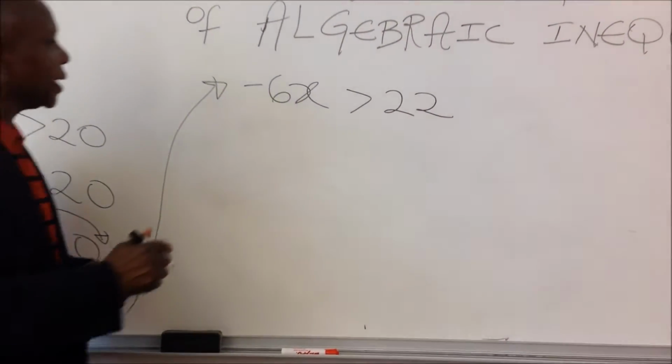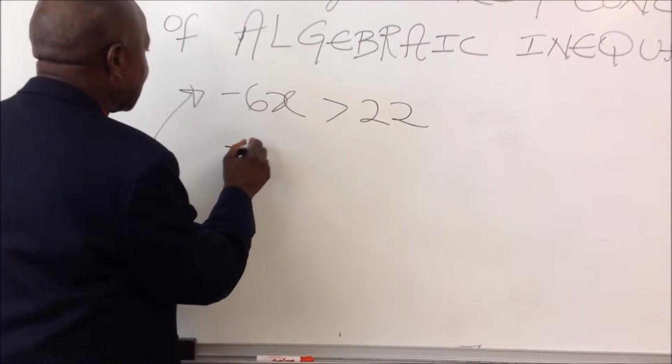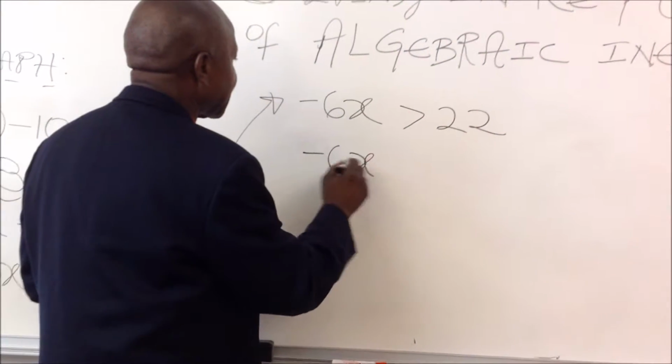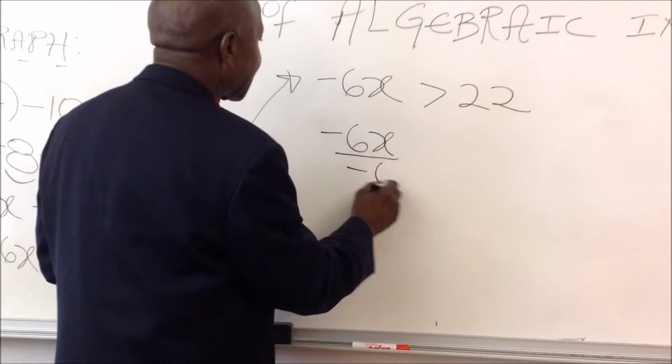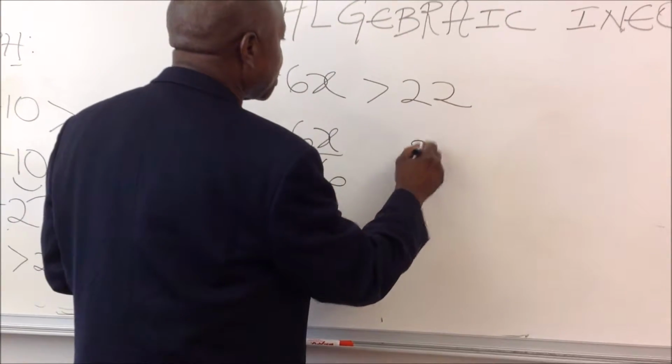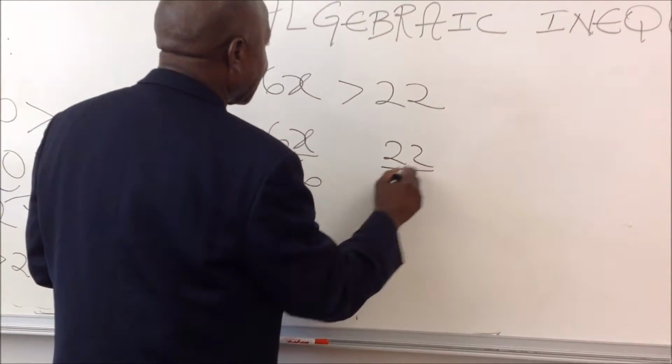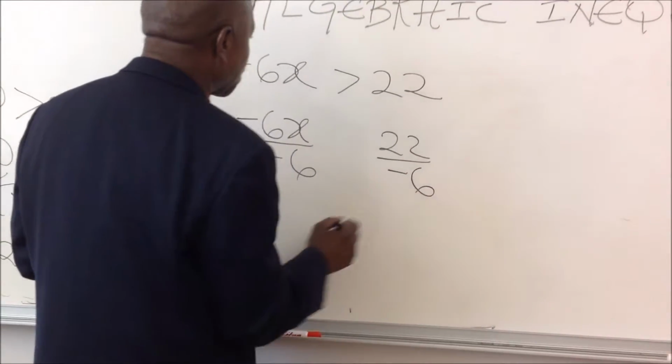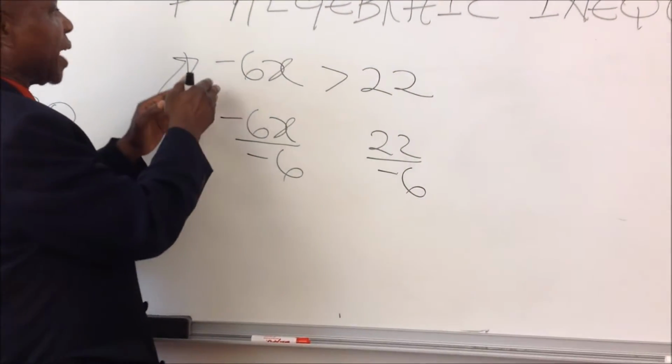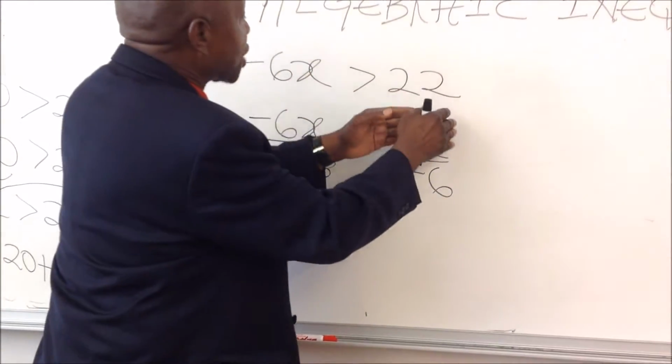So consequently, we divide the negative 6x by negative 6, and of course the 22 by negative 6, because whatever you do to one side of the inequality, you must do to the other side.